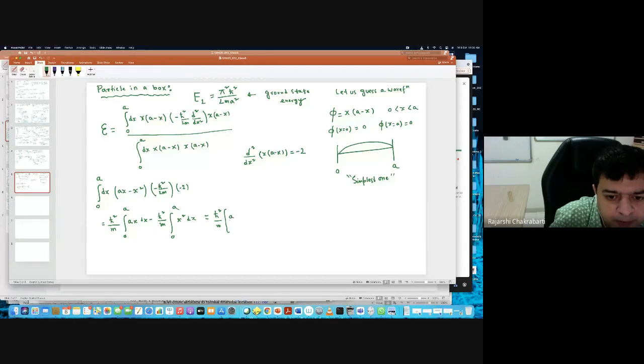This will be a times x square by 2, and this one is x cube by 3.